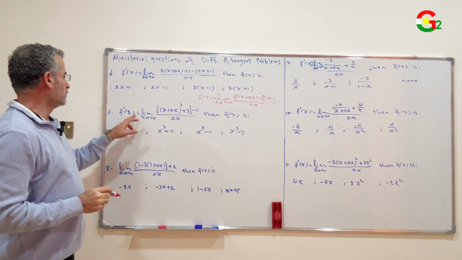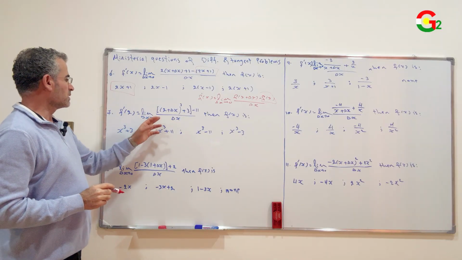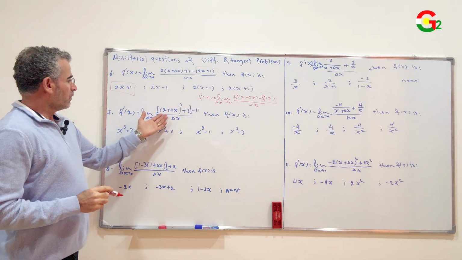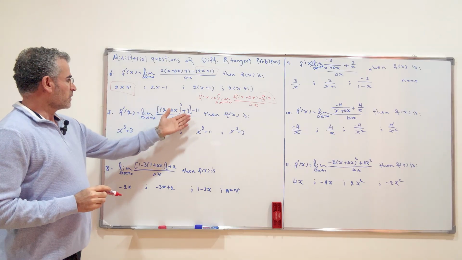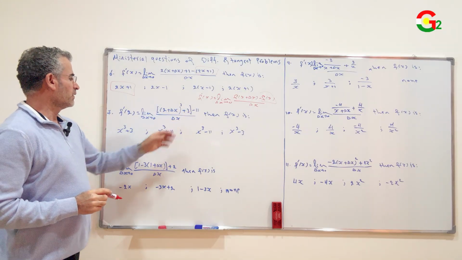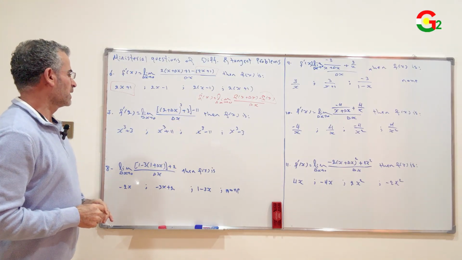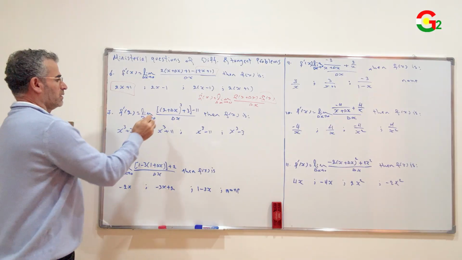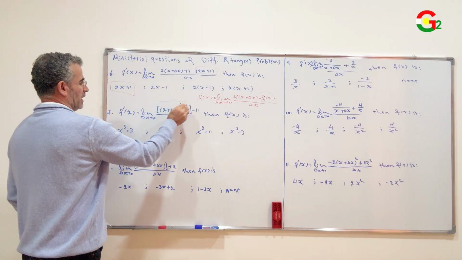Question number 7. f prime of 2 equals the limit as delta x approaches 0 of 2 plus delta x cubed plus 3 minus 11, over delta x. Then f of x is, this is f of x plus delta x.